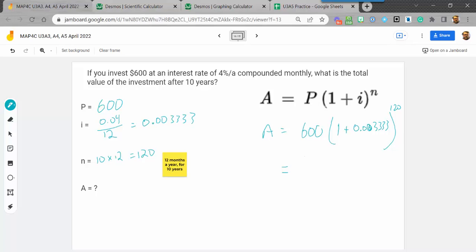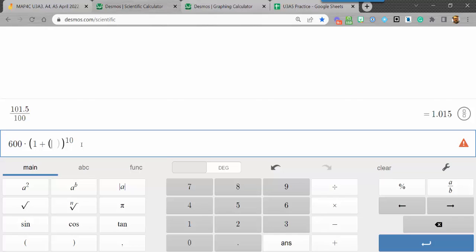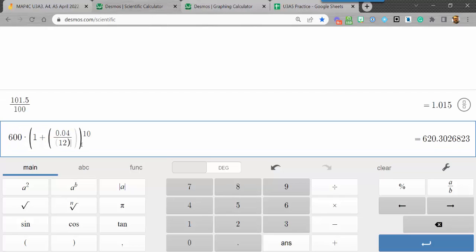So A equals, let's do it on our calculator. 600 times 1 plus 0.0033, whole bunch of these. Or I could have done 1 plus brackets 0.04 divided by 12 to be a little more accurate.